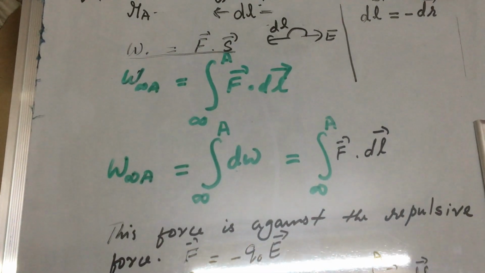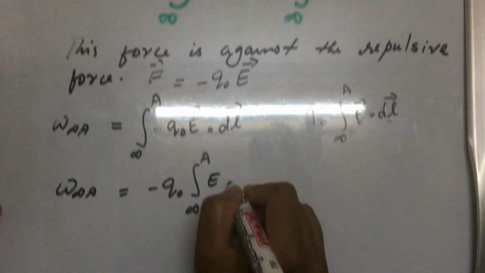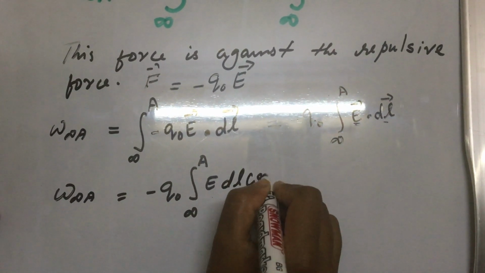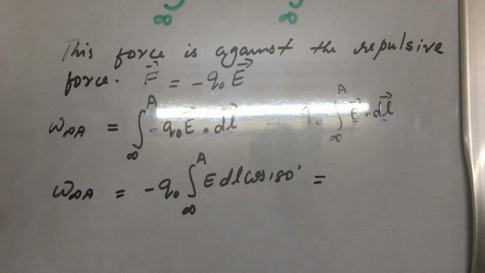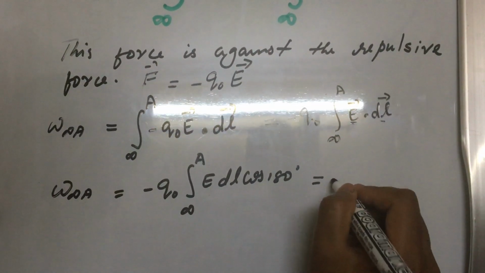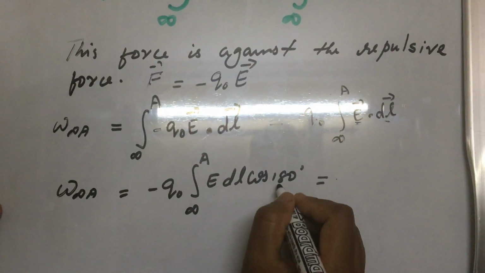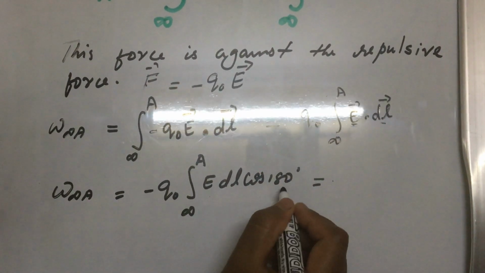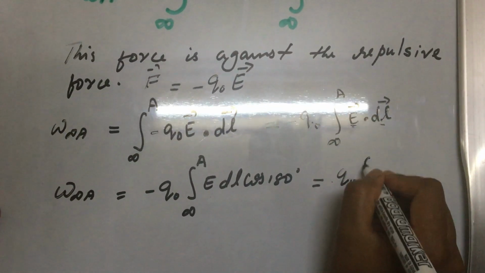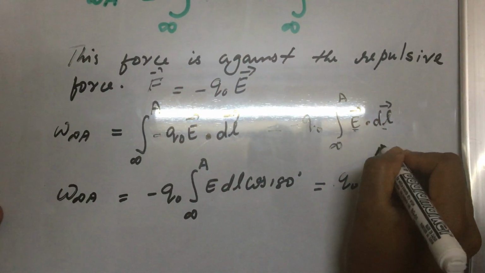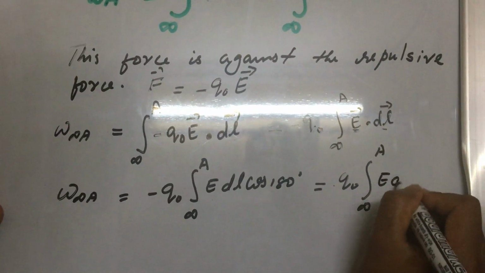This is 180 degrees, so the dot product is dl cos 180 degrees, right? Cos of 180 degrees is minus 1, I hope you know that. So minus into minus will be plus, so the whole thing will be the integral from infinity to A of E dl.